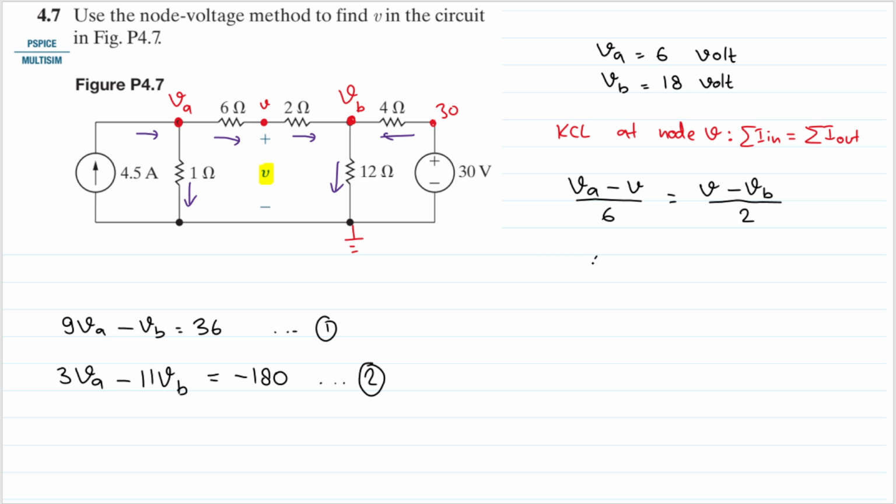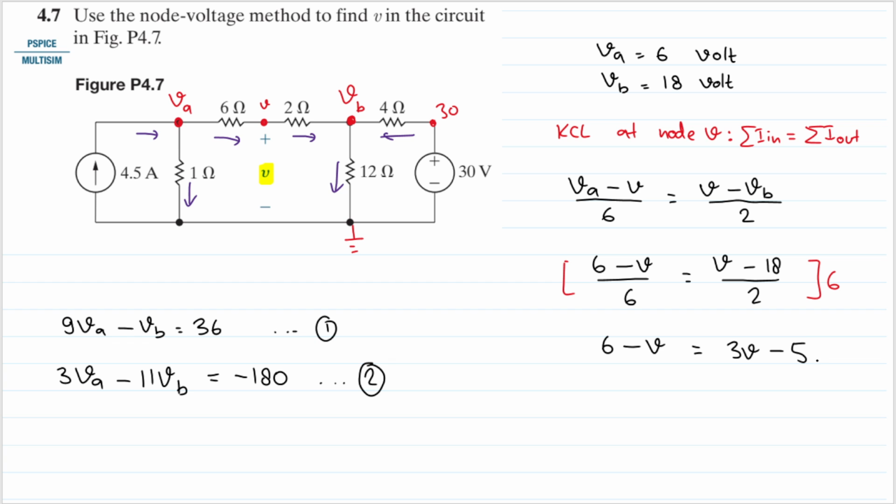Okay, now let's plug in. I will have 6 minus V divided by 6 is equal to V minus 18 divided by 2. Okay, now we can solve for V, and maybe let's multiply both sides by 6 so we can get rid of the denominator. So we'll have 6 minus V because 6 and 6 will cancel each other, and then we will have 3 V minus 18 multiplied by 3 is 54.